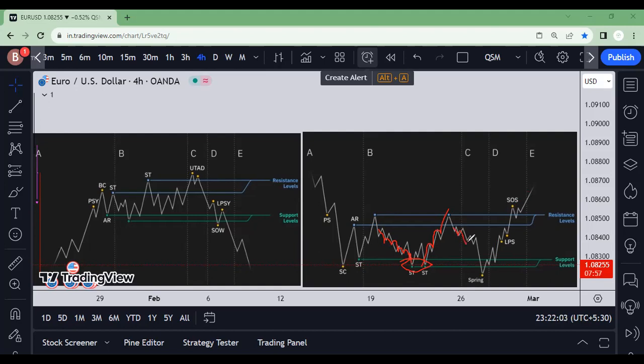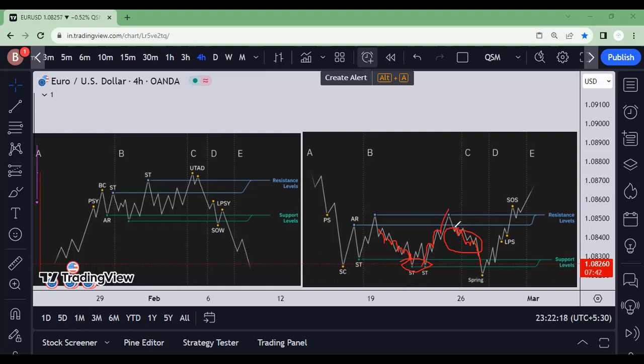And in the same way here also, as we are approaching down towards the selling climax, this price zone will be kind of sluggish.